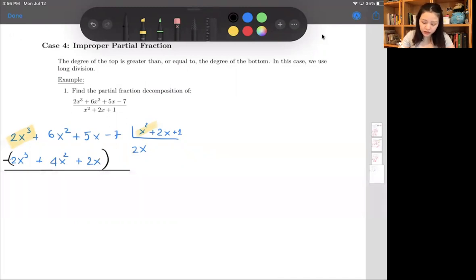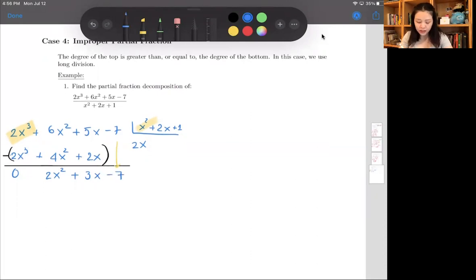So 2x cubed minus 2x cubed is 0. 6x squared minus 4x squared is 2x squared. And then 5x minus 2x is positive 3x. And let's bring down the 7. Minus 7, bring down the minus 7.